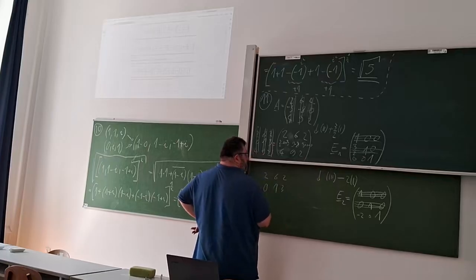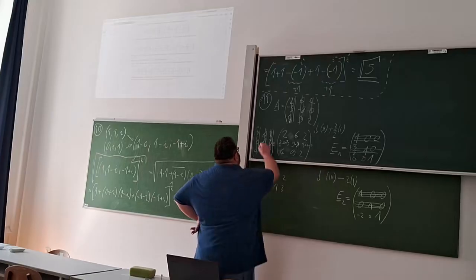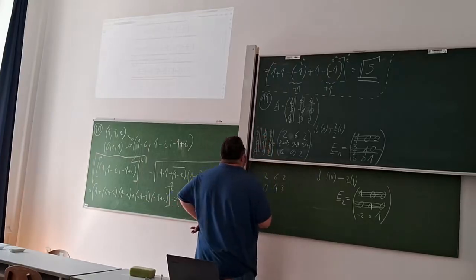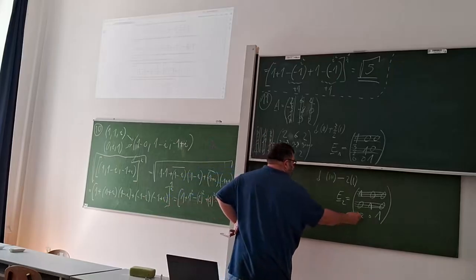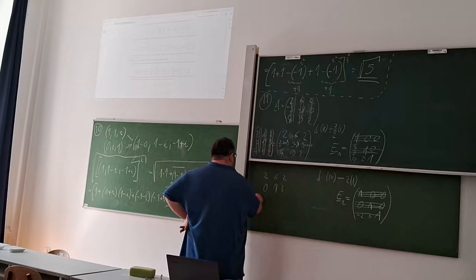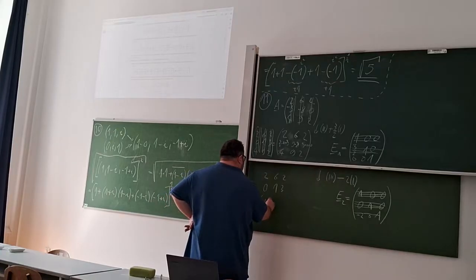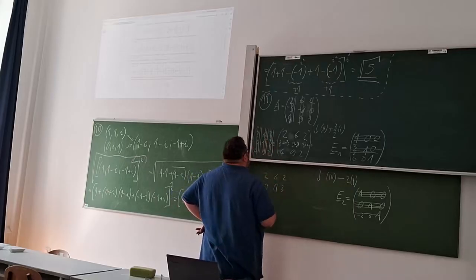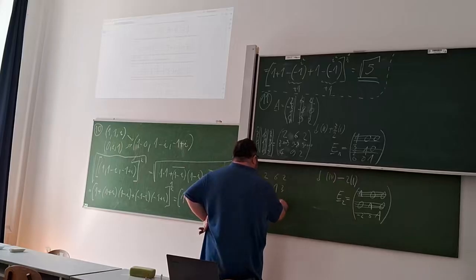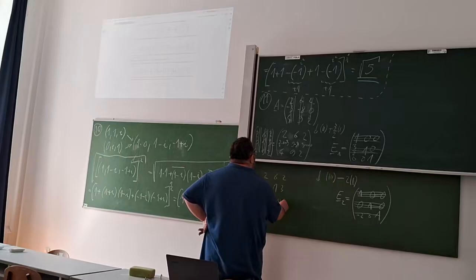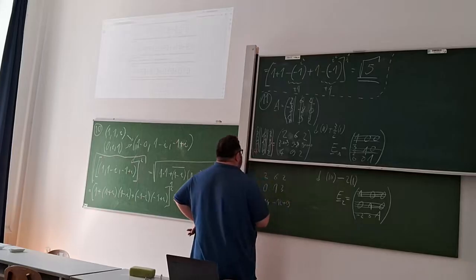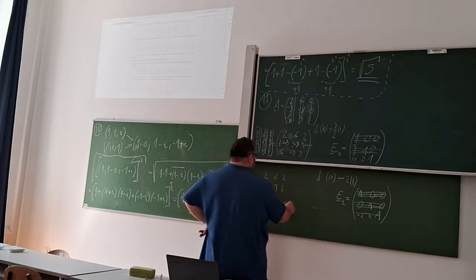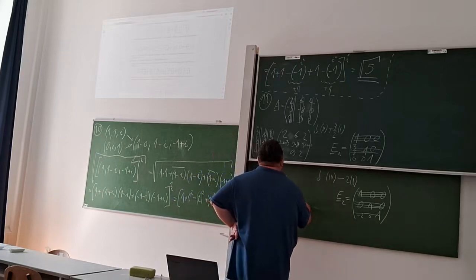Now multiplying this and this means -4 plus 4, and then this, that's -20, then 0 and 9, and then -4 plus 2.